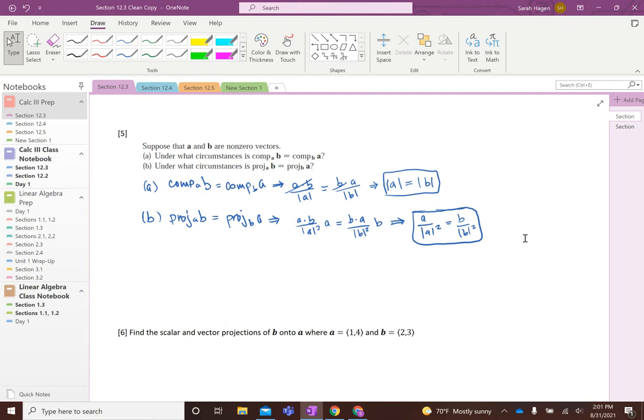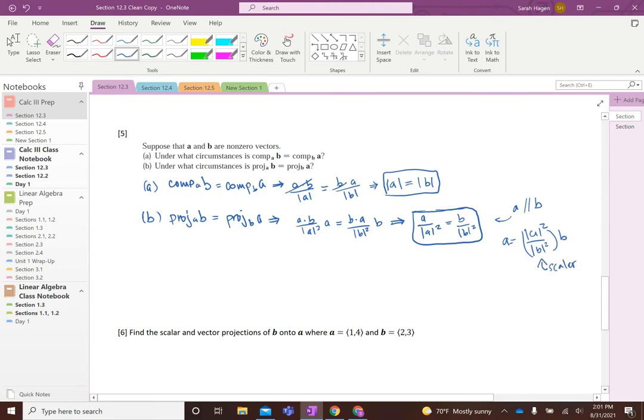And so her argument started first with noticing that this here means that A is a scalar multiple of B, and so A is parallel to B. Because if you just multiply through, we've got A equals the length of A squared over the length of B squared, times vector B. And this is a scalar.